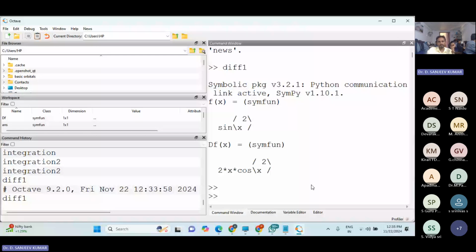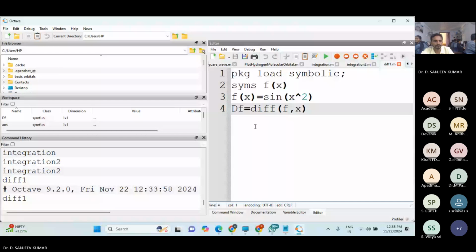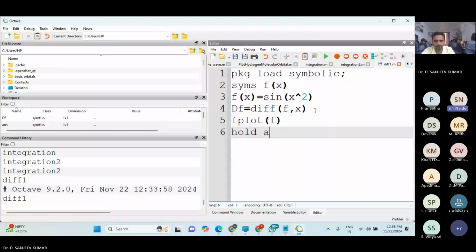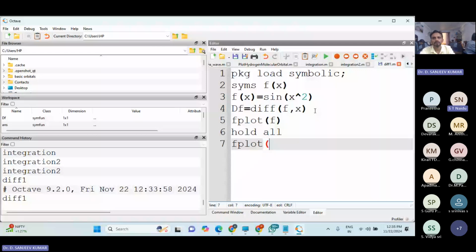Wherever you need, you can plot the function with fplot. It is case sensitive, so you must be careful while using capital and small letters.